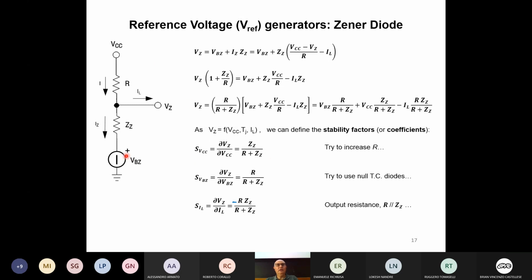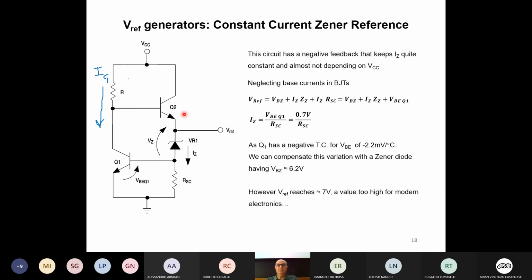In this circuit here, if we increase the VCC, the current would increase, and so the output voltage will increase. In the constant current circuit instead, even if we increase the VCC voltage, the current is not increasing through the diode, and so the output voltage is stable because the VBZ plus IZ·ZZ is stable.